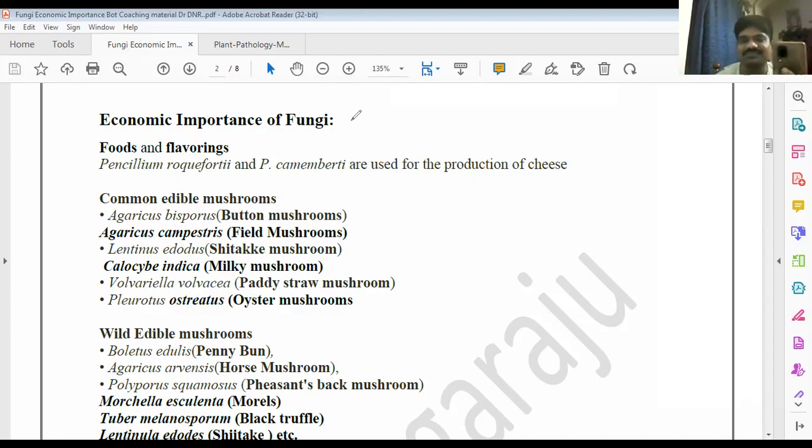What is that? Fermentation technique. That fermentation is caused by yeast. Because of the yeast fermentation, we are able to prepare idli, dosa, vada, jalebi.